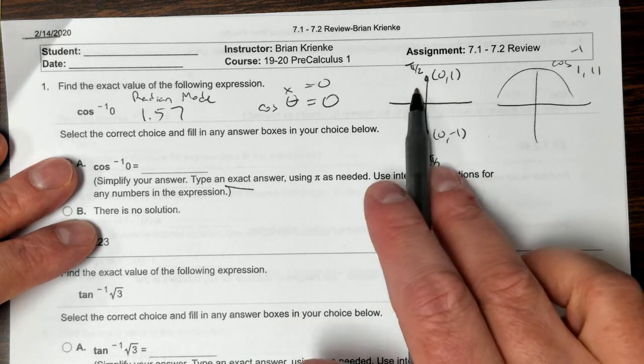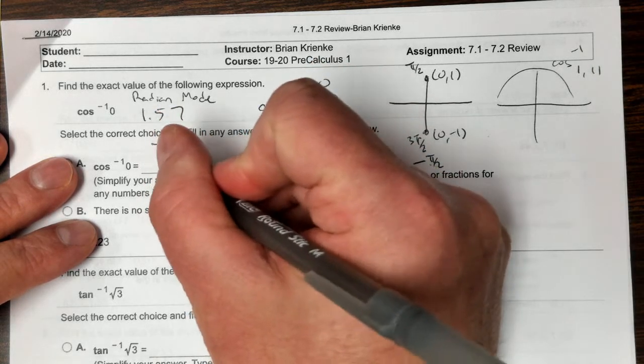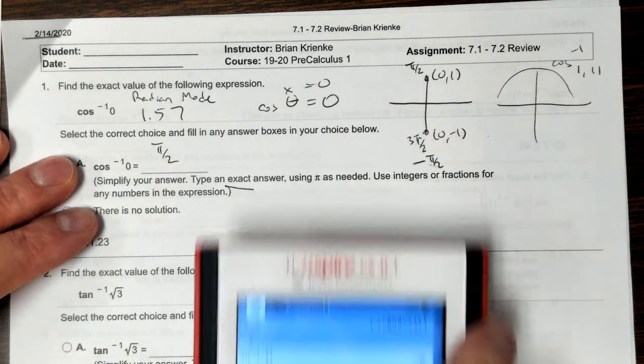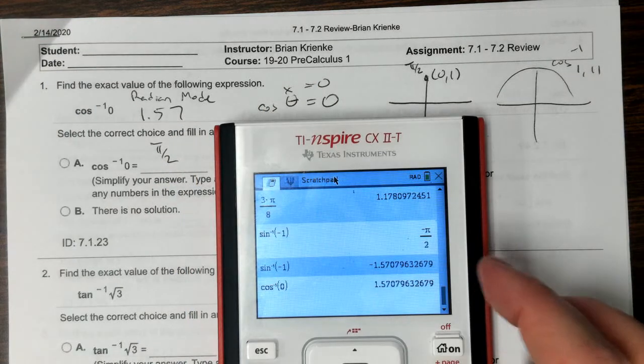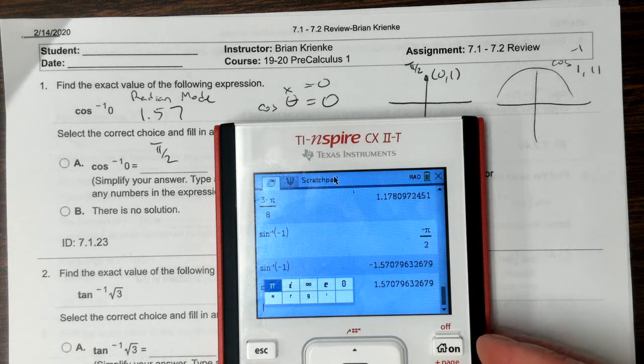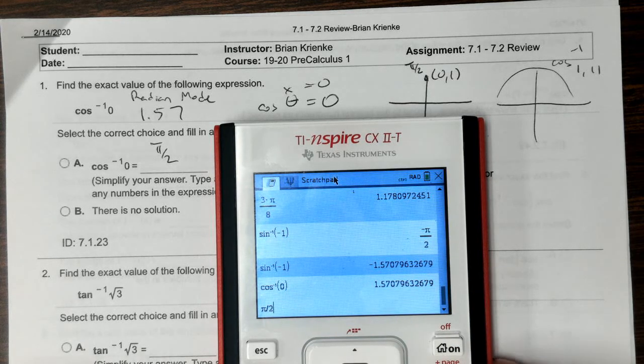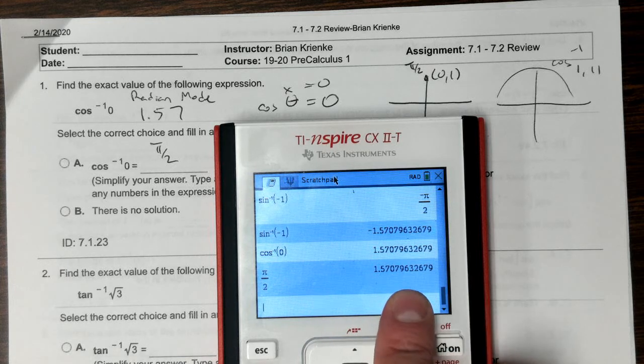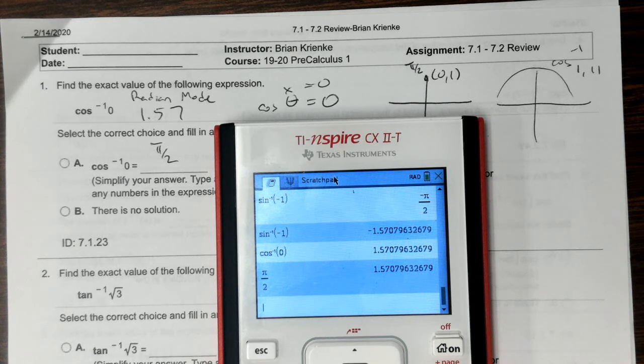And so that's going to be pi halves for our answer. And you can double check that by doing pi divided by 2, and the decimal matches. So on all these, the decimal should match whatever your answer is.